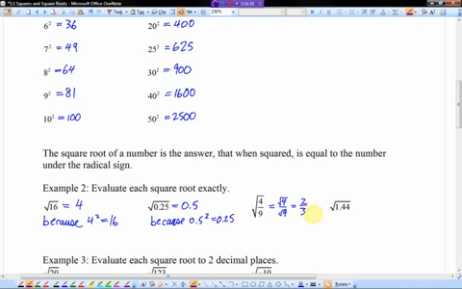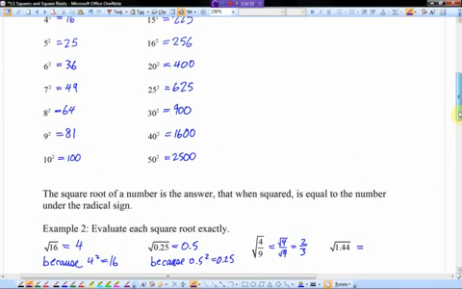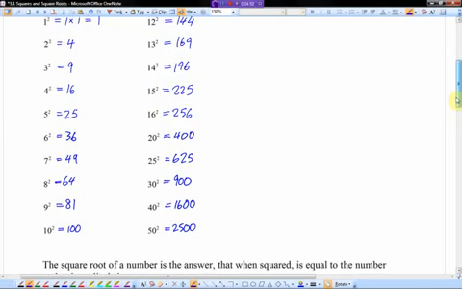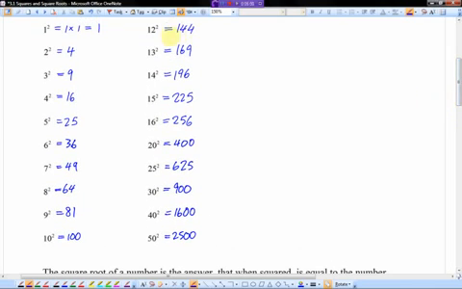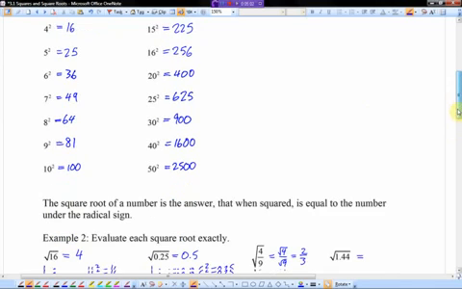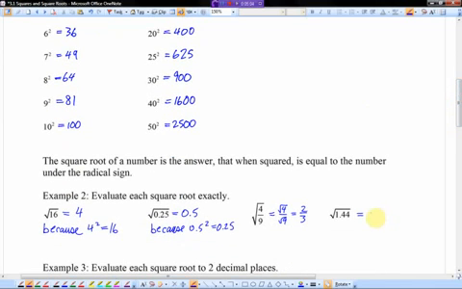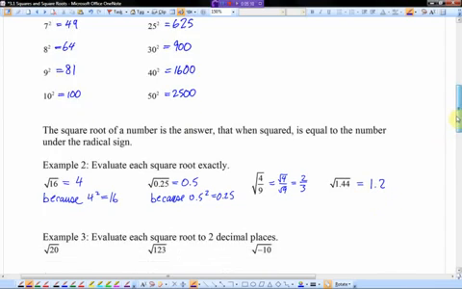The square root of 4 is 2, the square root of 9 is 3, so the answer is 2 over 3. The square root of 1.44, well, 1.44 looks a lot like 144, and that is a perfect square that we looked at right here. So now, the square root of 1.44 is 1.2, which looks a lot like 12, except the decimal's in a different place.